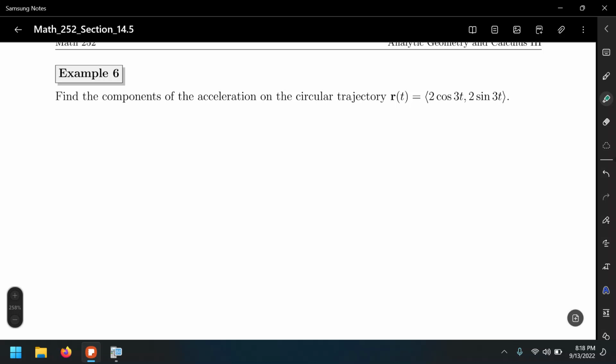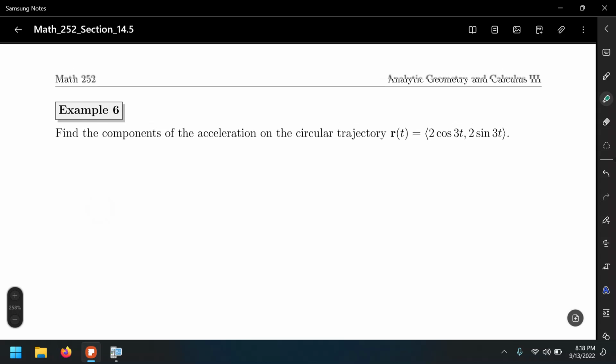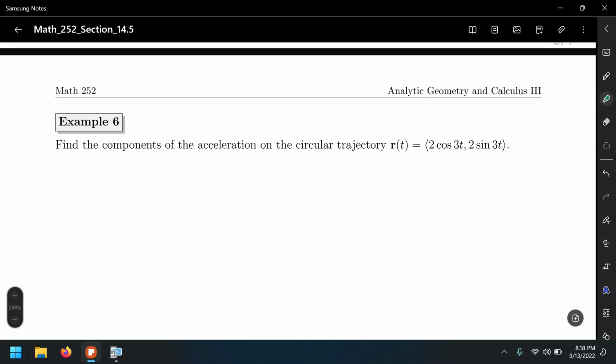And let's see. Looking at the formula, I didn't update my PDF file. I was supposed to put a new one here.